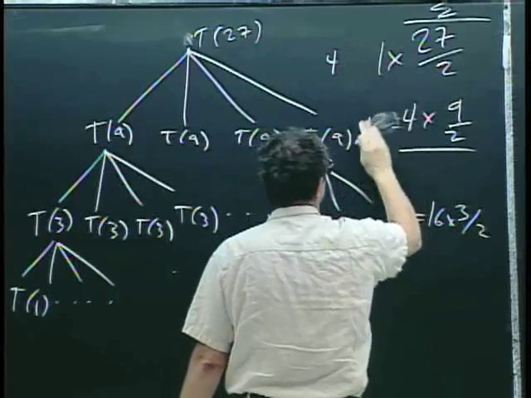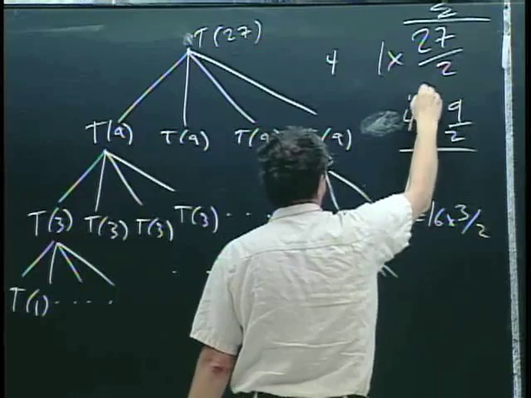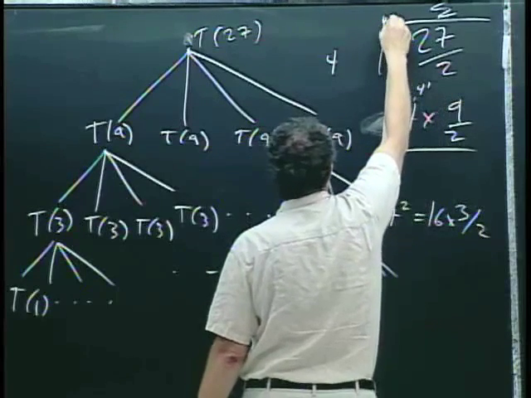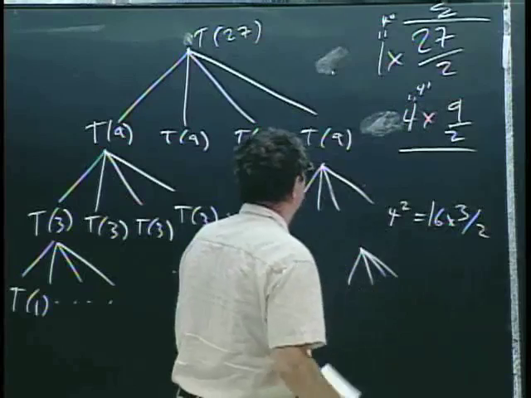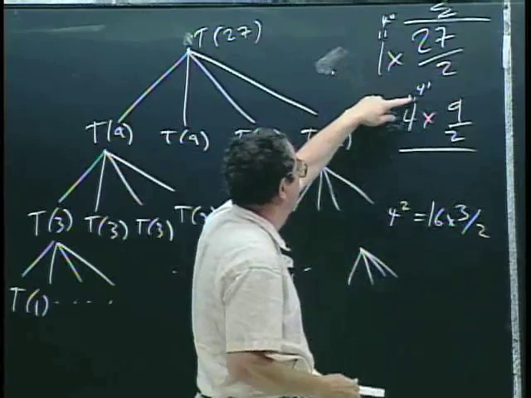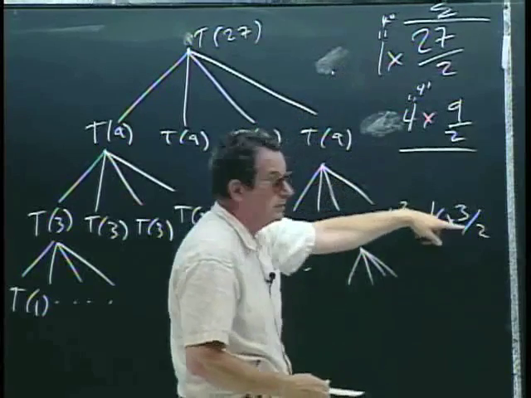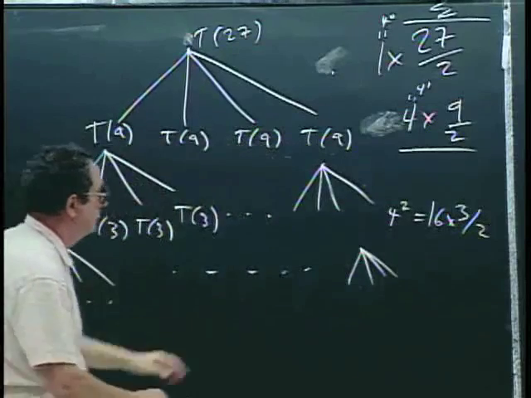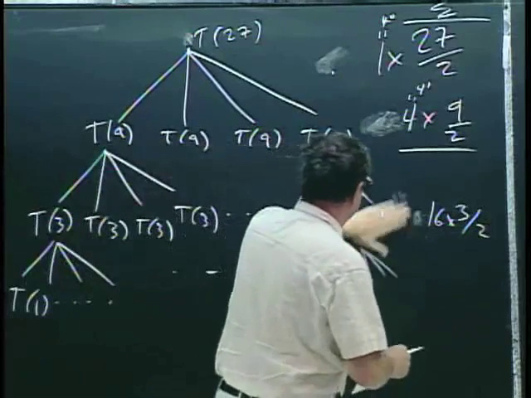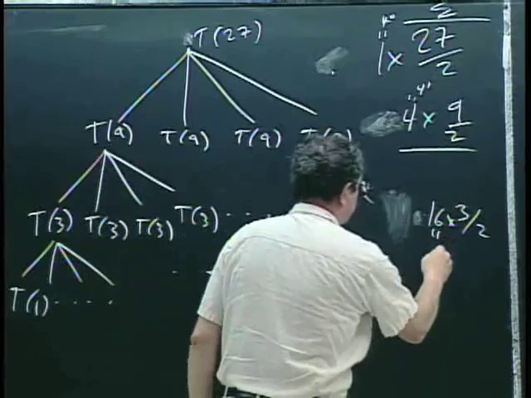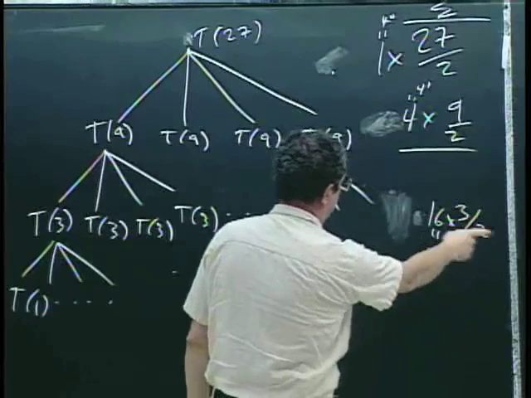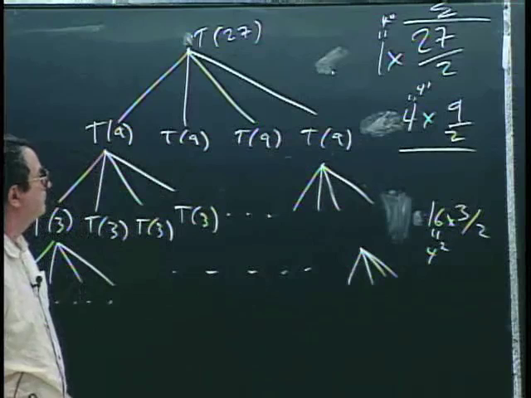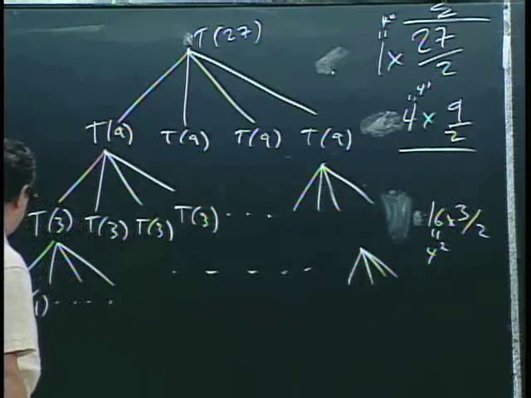4 here is equal to 4 to the first. 1 is equal to 4 to the 0, right? Okay? So 4 to the 0, 4 to the first, 4 squared, that's 16. The 16 is equal to 4 squared. And then what about the T1?